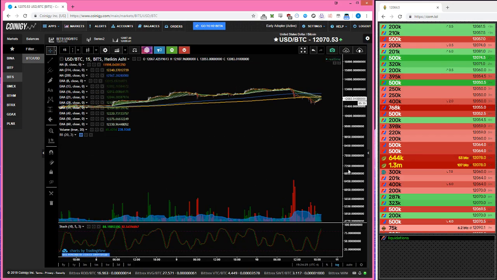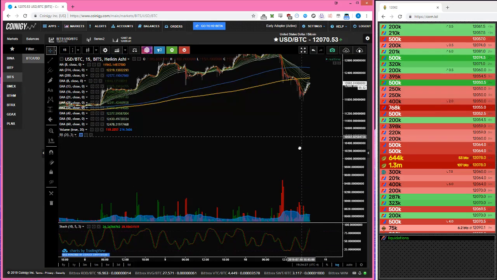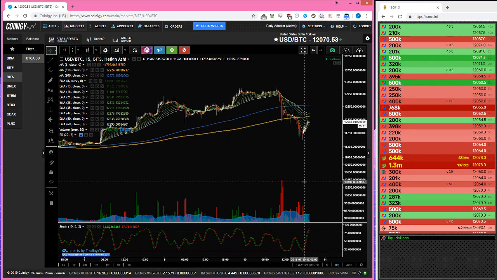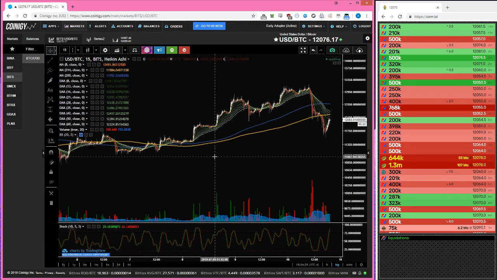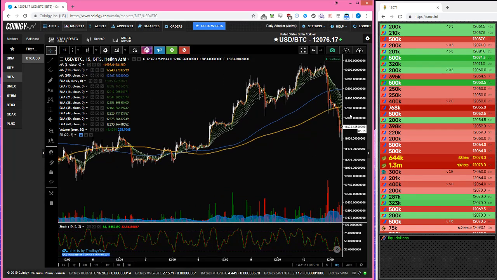So when I'm scalping, I'm looking at these levels and at the bands to try to find important areas, places to buy.